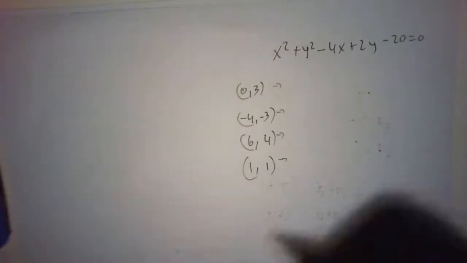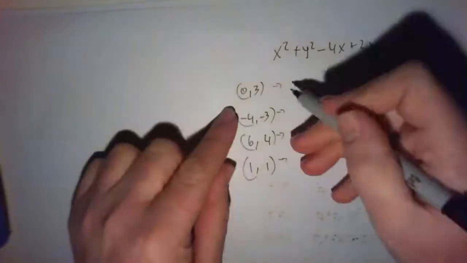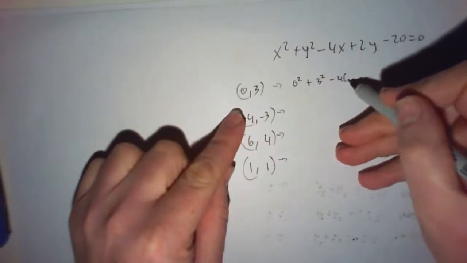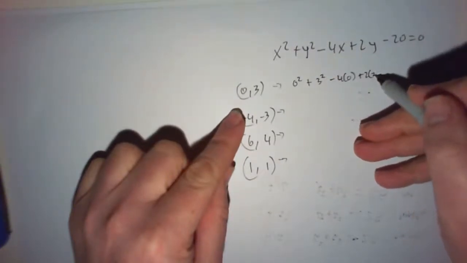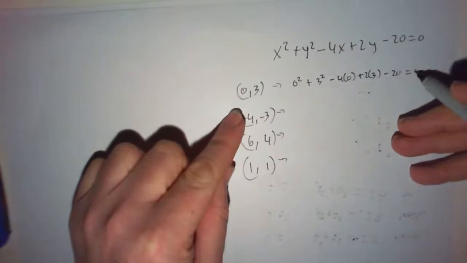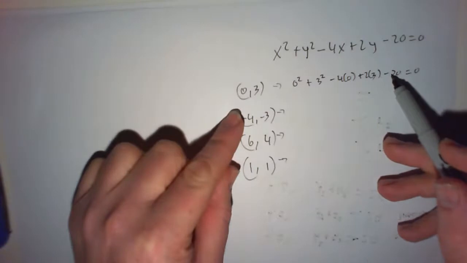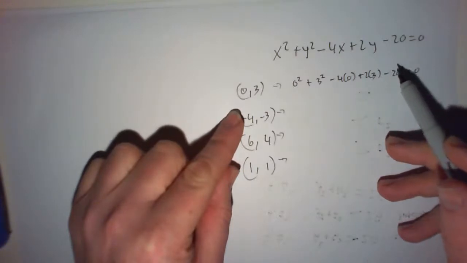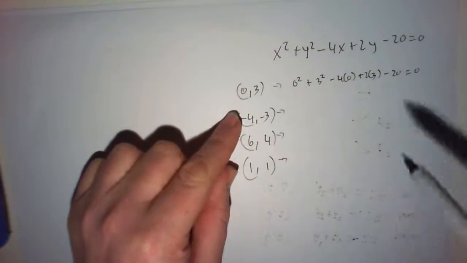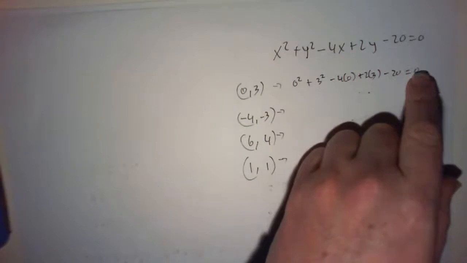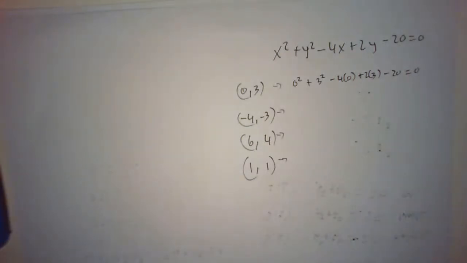Okay, so let's have a look. 0 squared plus 3 squared minus 4 times 0 plus 2 times 3 minus 20 equals, 9 plus 6 is 15. Minus 20 is minus 5. Okay, so minus 5, is it greater than, less than, or equal to 0?